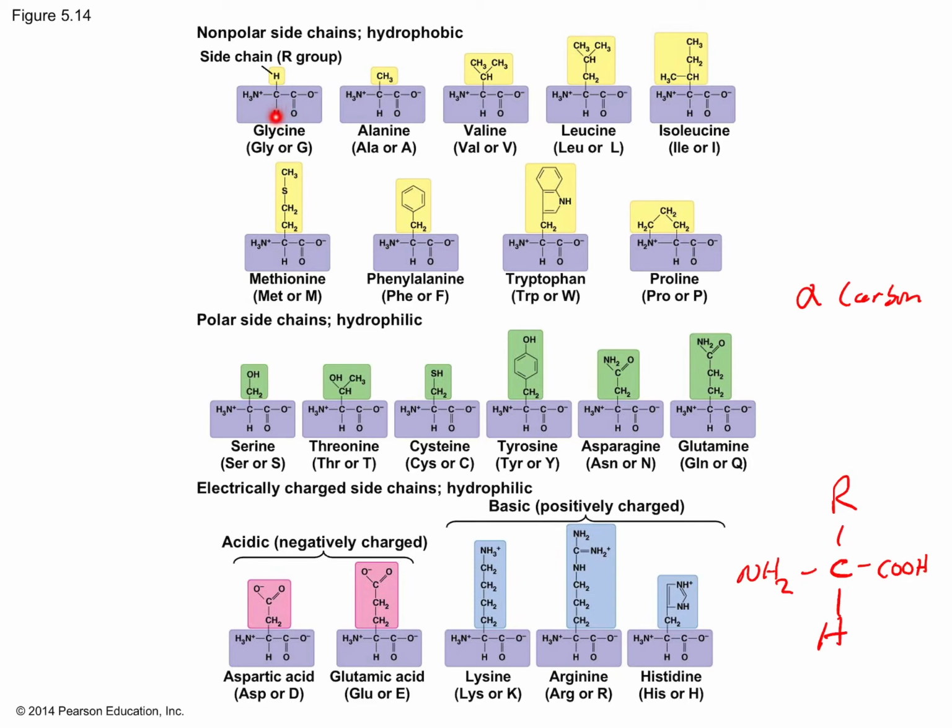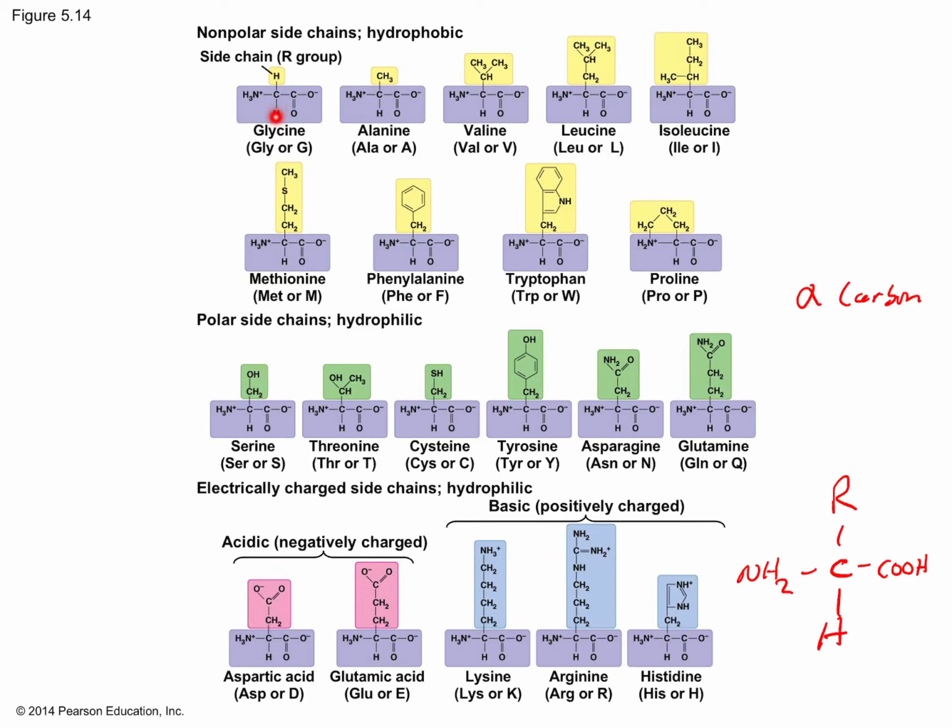All right, also notice we have the 3-letter abbreviation, which is much more commonly used than the single-letter abbreviation. So glycine is GLY, alanine ALA, so on down the line. Here we have a group of polar amino acids. Their R groups are polar, which means they're hydrophilic, they attract to water. So these amino acids attract to water.